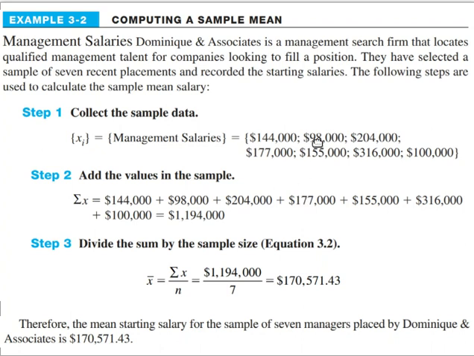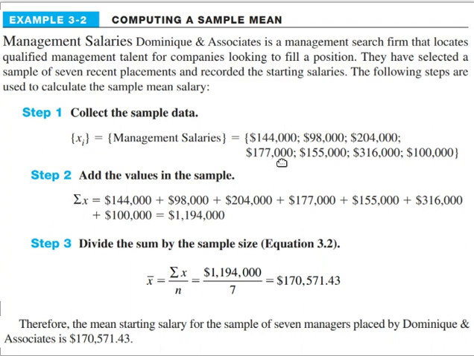The lowest would be $98,000, and the highest here is $316,000 per annum, per year, for 12 months. Then step 2, add the values in the sample.